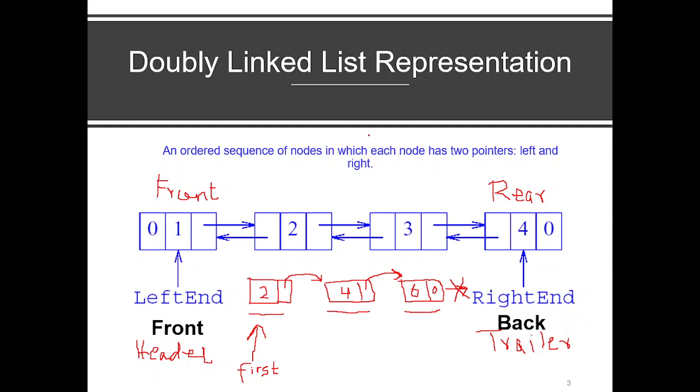So this is the doubly linked list. It's simple. It is a linear list. All these elements have that relationship: E1, E2, E3, En. E1 comes first, E2 comes after that, E3 comes after E2, E4 comes after E3, En is the last element.